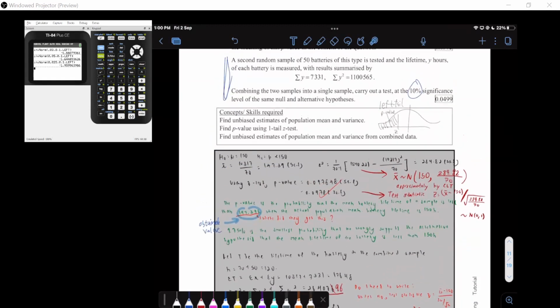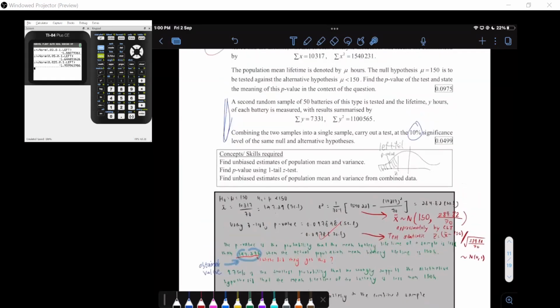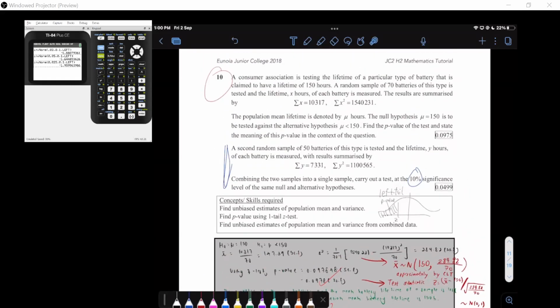What happened in this scenario? A second random sample of 50 batteries. You got new data. But no, we are trying to combine them, and then we carry out the same test, same hypothesis, same null, same alternate hypothesis, and then we do the 10% significance level. Previously, it was how many percent? Oh, previously we didn't do a hypothesis test. We just calculate p-value only, and then we stop there.